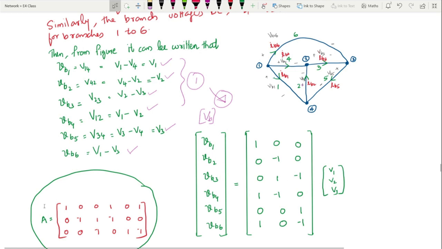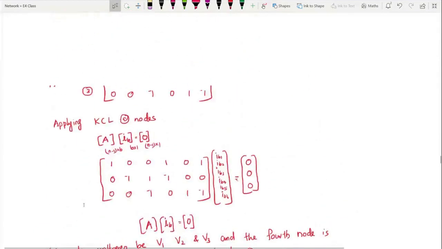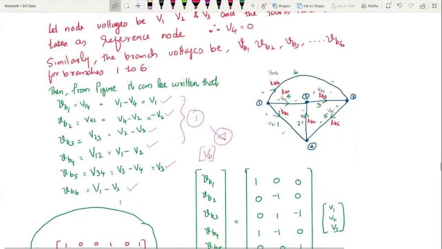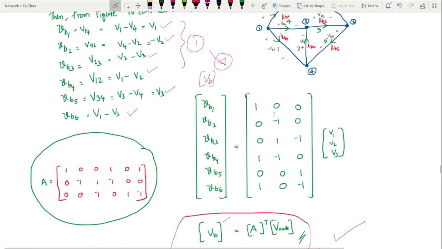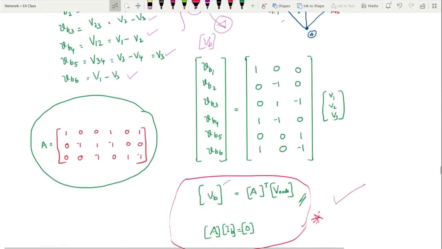That is nothing but your reduced incident matrix transpose. So this is our reduced incident matrix, and its transpose is obtained as the coefficients of these node voltages in these branch voltage equations. So in general, we can say that the branch voltage matrix VB is equal to the reduced incident matrix transpose into the node voltages.